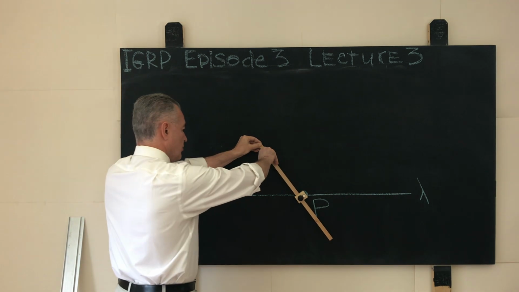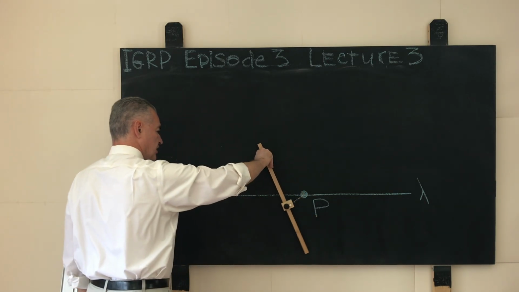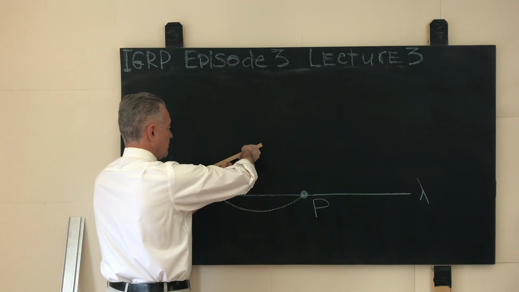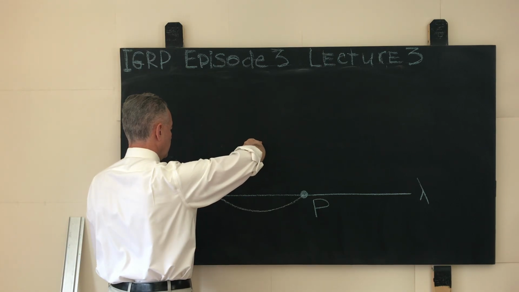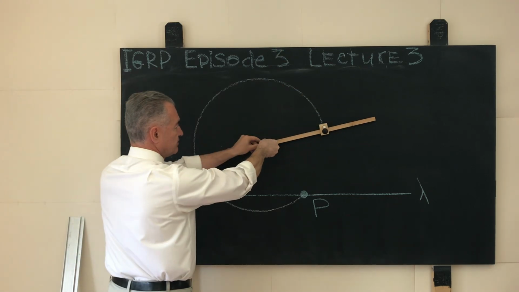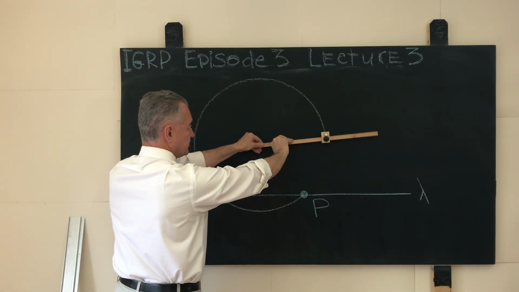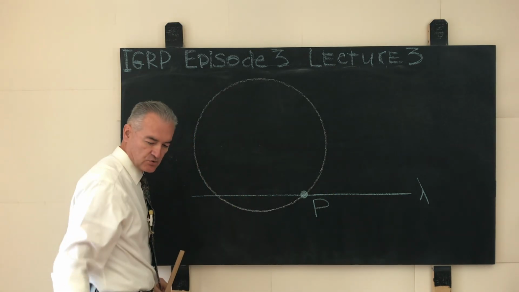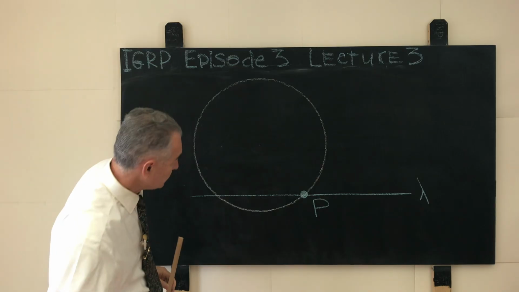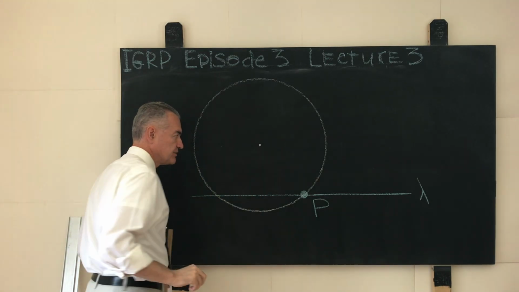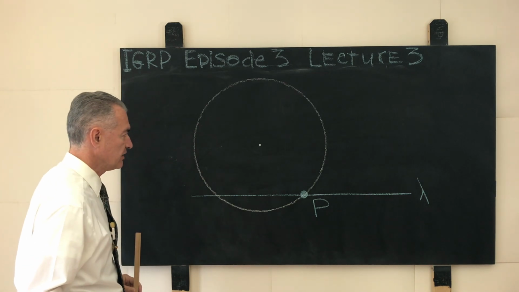In other words, we want to construct a circle in such a way that its radius is larger than the distance from that center of the circle to that straight line lambda. So here, this step is somewhat slippery.